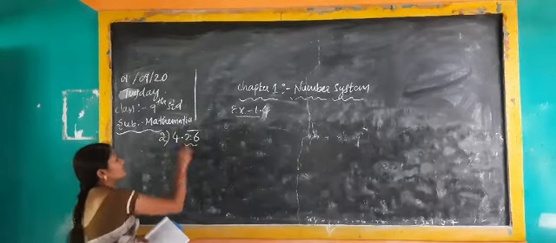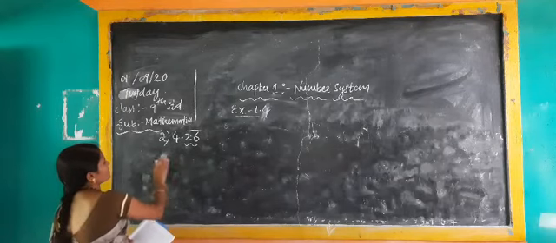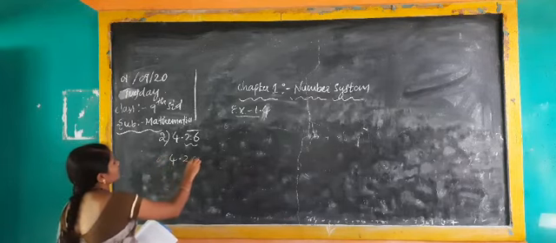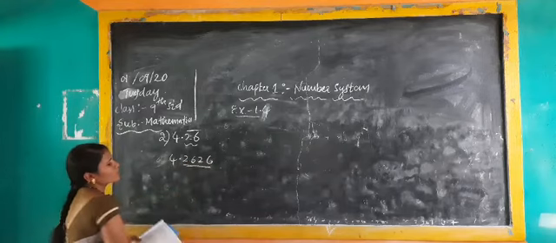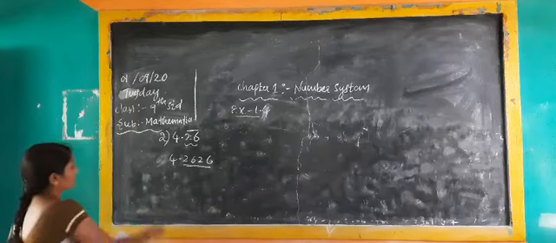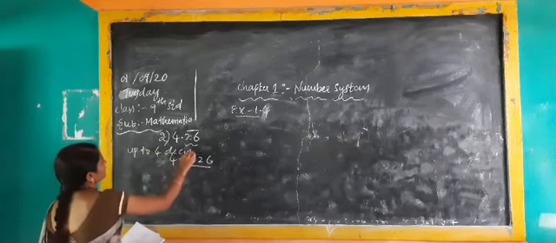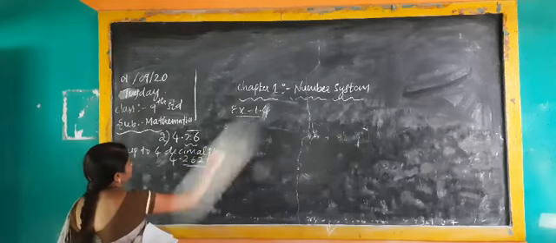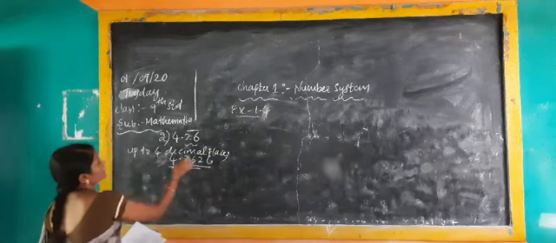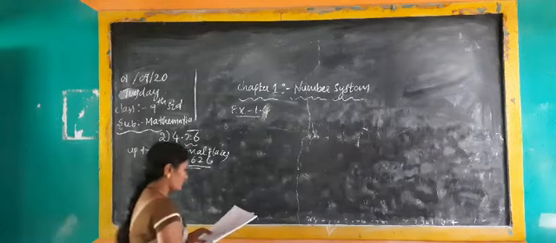Here 2 is already given. You have to write up to 4 decimal places, so how are you writing? 4.2626, total 4 decimals. Write down here up to 4 decimal places. Total 4 means 4.2626. Here also you have to write the same.